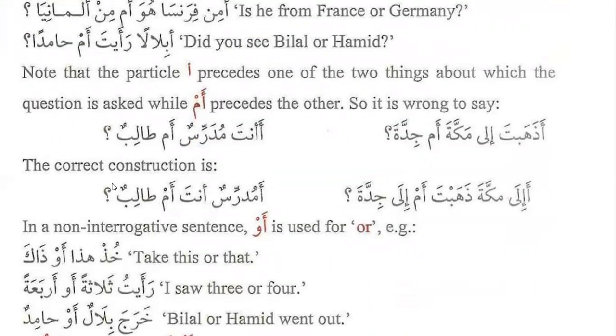The correct construction is: a mudarisun anta am talibun? Ila Makkata dhahabta am ila Jiddata? Did you understand the point?